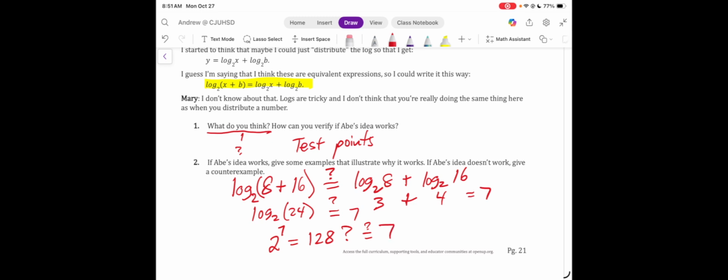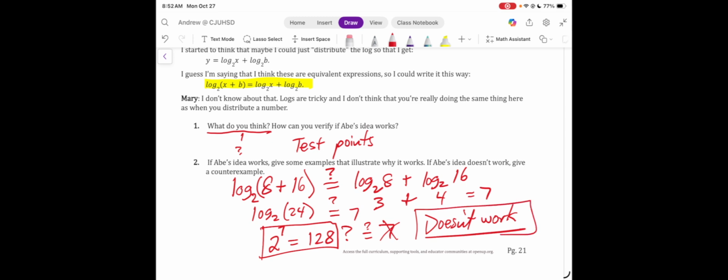Well, 2 to the 7th is 128. It is not 7. So it doesn't work. And we call that a counterexample. Next page.